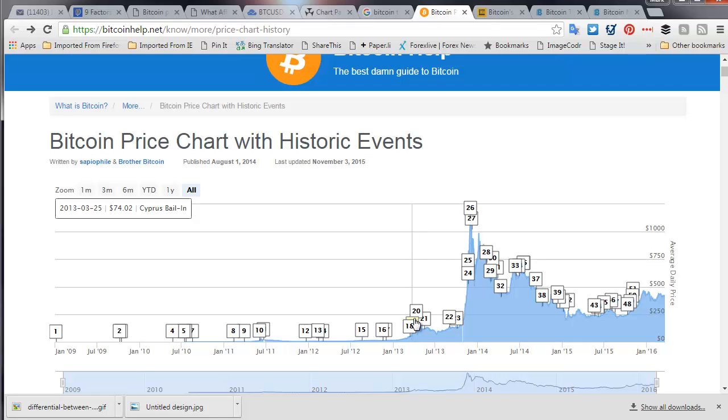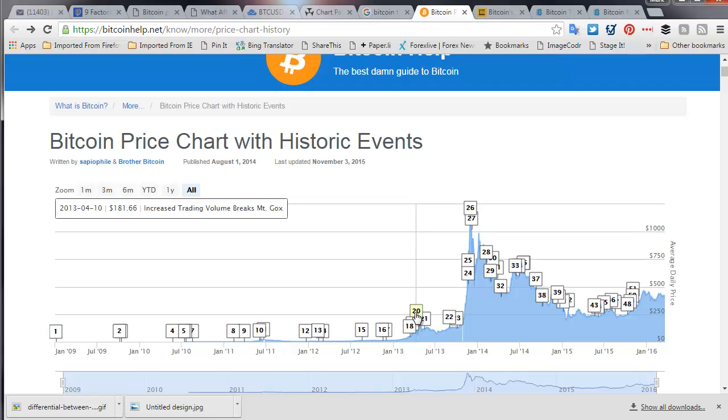Event risk is often argued as being important. So a macroeconomic event like the freezing of deposits in Cyprus could well result in an increase in the demand for Bitcoin, and consequently the price.